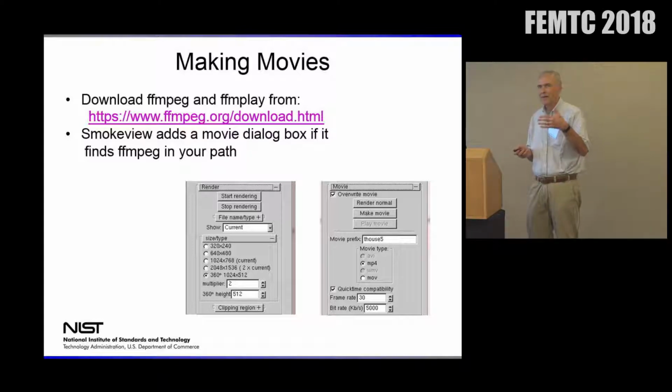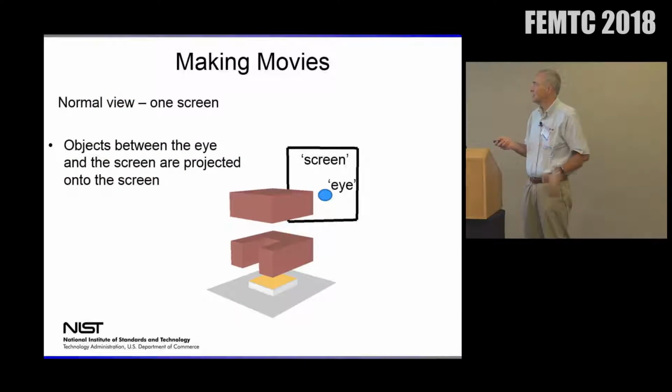basically an animation where it's one animation, but you can change your point of view and look in all directions. So basically, when you're making a movie, if the blue dot represents where you are, and if the rectangle represents the screen that you're on your computer, what Smokeview is doing is just projecting your 3D scene onto the screen.